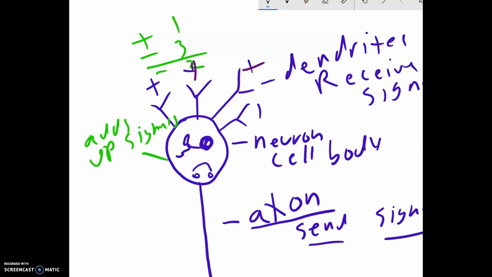So you have 1 negative signal, 3 positive signals. So it's 3 plus, 1 minus. That is +2. The cell body adds it up then, and it's like, oh, it's a good idea to text our ex. So the cell body is adding up the signals. Then it's going to send the signal on the axon, saying, okay, let's go to our fingers and type in our ex's number, even though we should have deleted it from our phone.